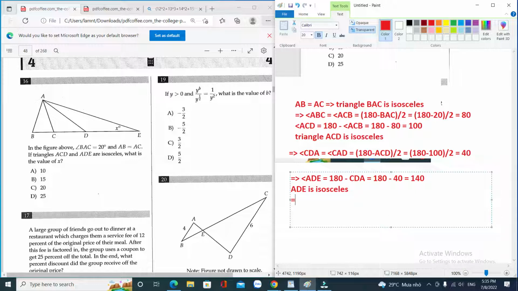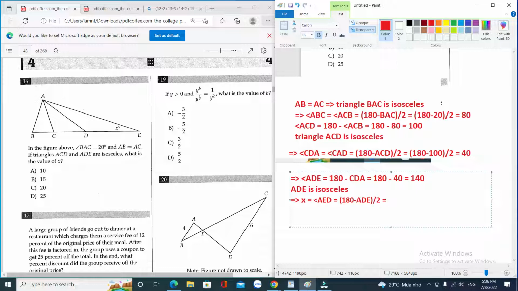So again, we know that x is equal to AED. So that is just 180 minus ADE, and that's divided by 2, right?